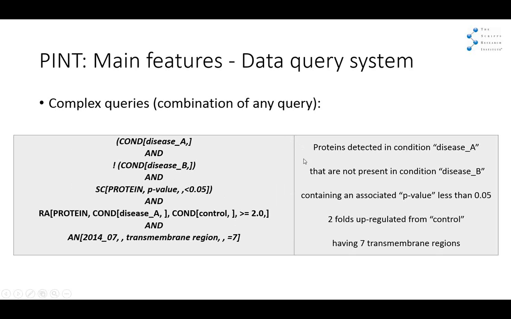For example, this query means give me the proteins detected in condition disease A that are not present in condition disease B, containing an associated p-value less than 0.05 and with a twofold upregulation from control, and that have 7 transmembrane regions annotated in UniProt. Okay.